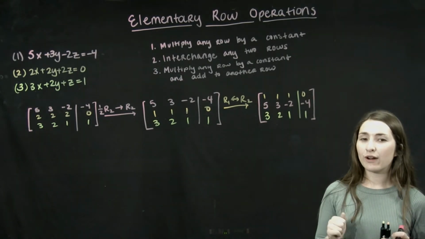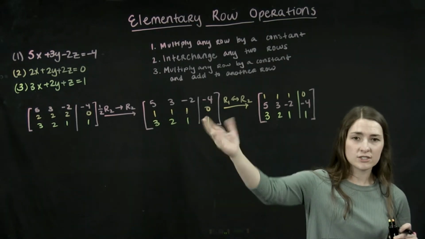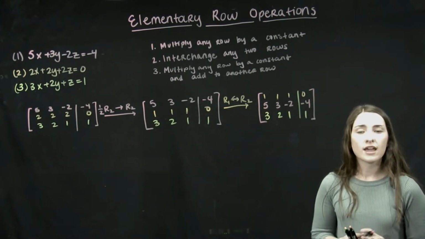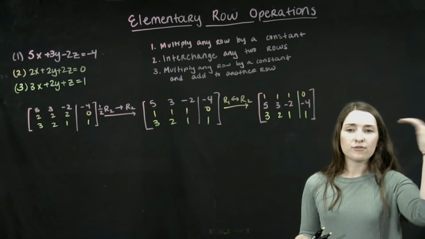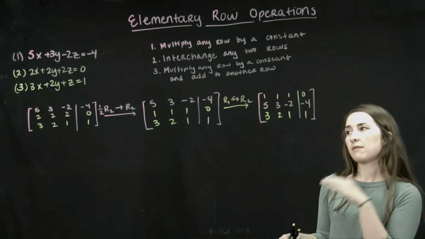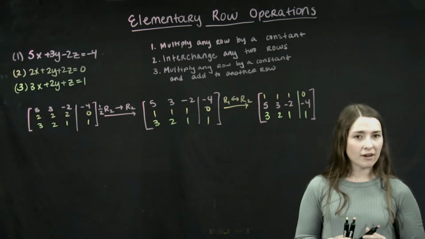Before we get to our third friend, let's think, why can't we just switch any 2 rows? Once again, these 2 matrices do not look the same. If we look at our original linear system of equations, if I were to write that with maybe the 5x plus 3y minus 2z equals -4, and then I would write maybe the third equation next, and then the second equation, does that change anything about our linear system?